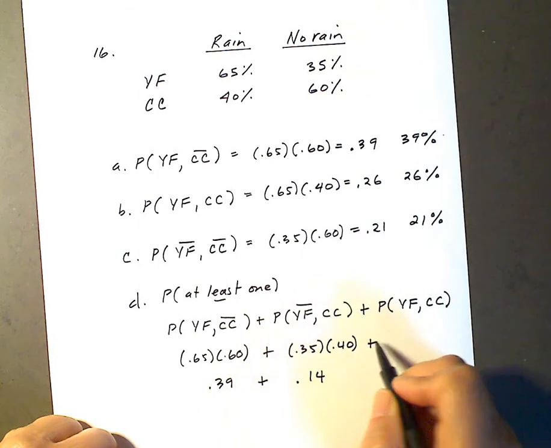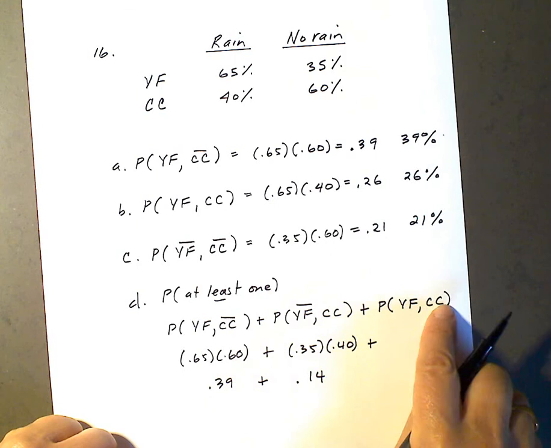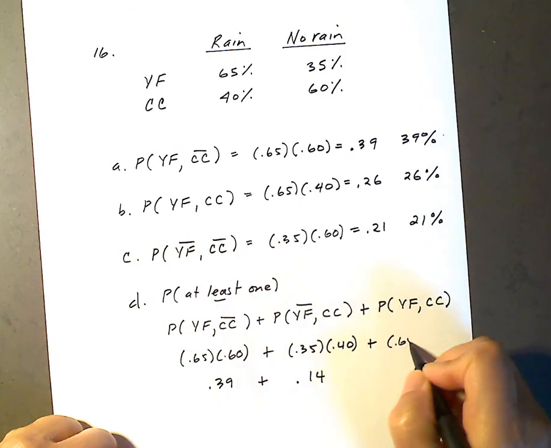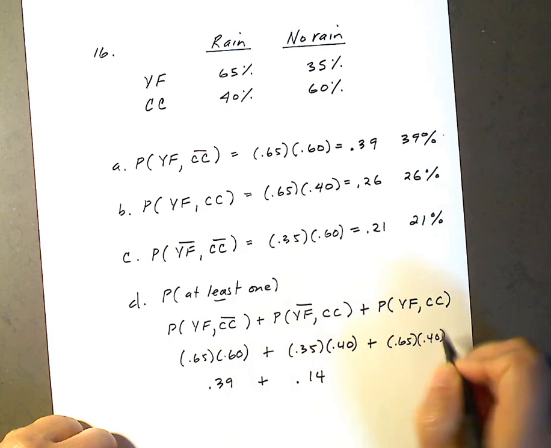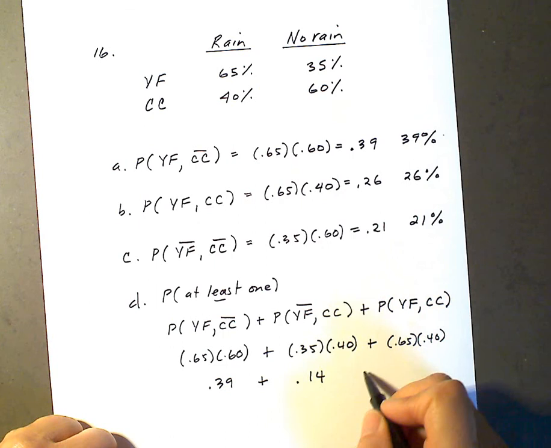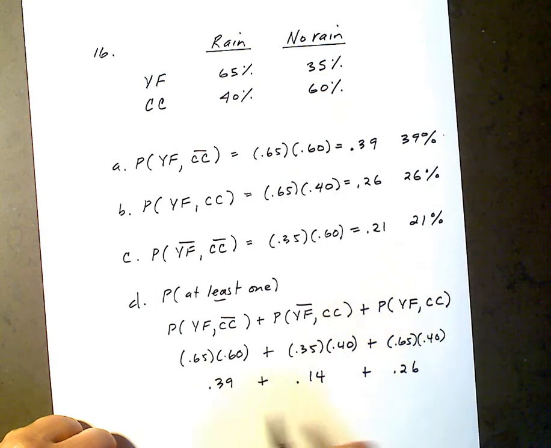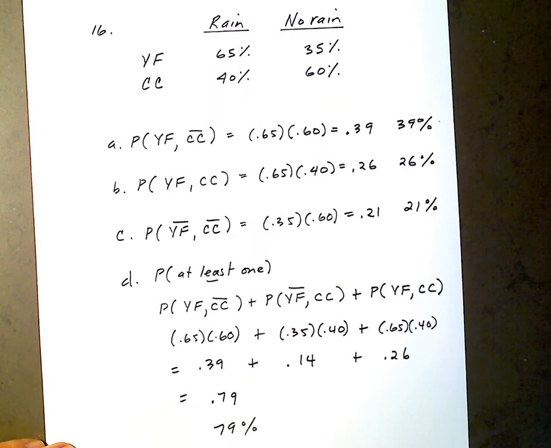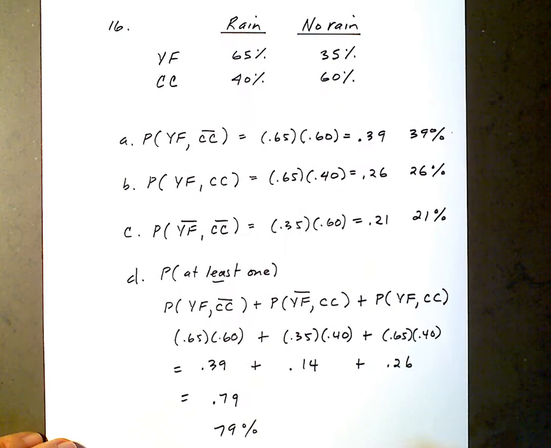Plus, now the probability that it rains in both, well, that's part B. So that's 65% times 40% that it rains in both of them. So that's 26%. And when I add those all together, I get 79% probability that it will rain in at least one of the two towns. So that's it.